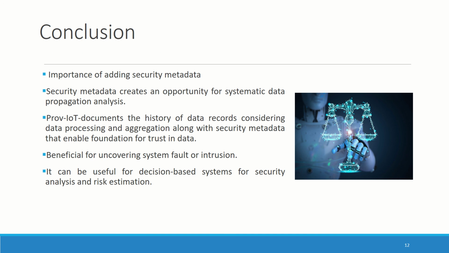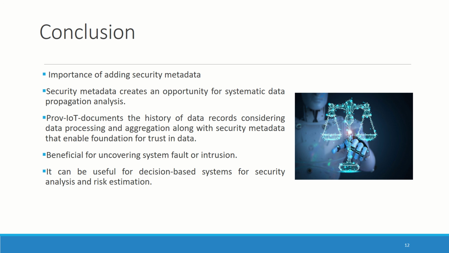Okay, so this paper first discussed relevant challenges from various security attacks on data propagation and pinpoints the importance of adding security metadata to provenance information at each layer of an IoT environment. This security metadata creates an opportunity for systematic data propagation analysis. In this paper, we introduce a novel IoT provenance model named Prov-IoT with an associated class diagram.